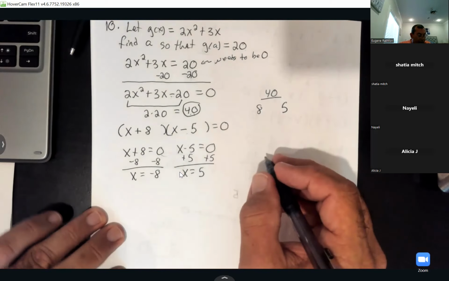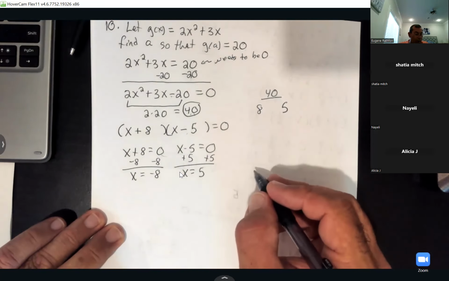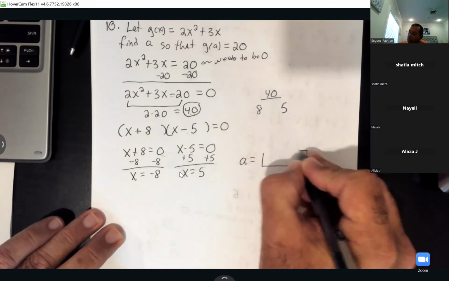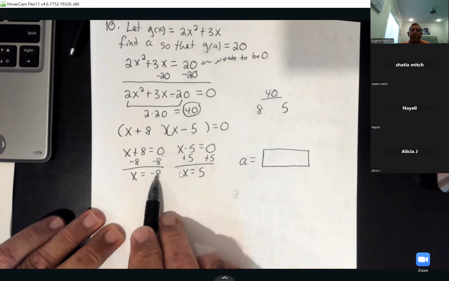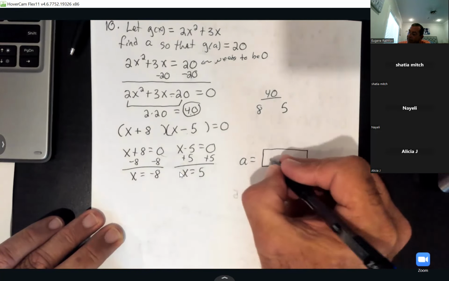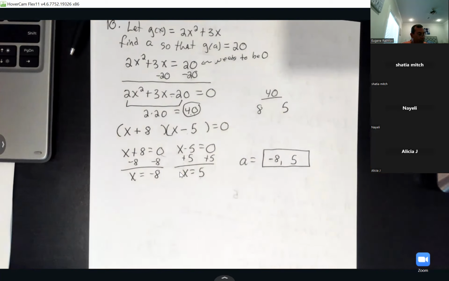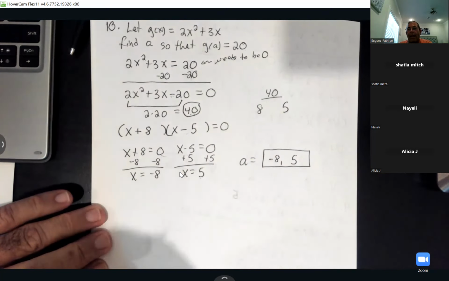So the answer blank will say, if GA equals 20, then the A has to equal, well, we got what, a -8 and a 5. All right, y'all, that was 4.8.